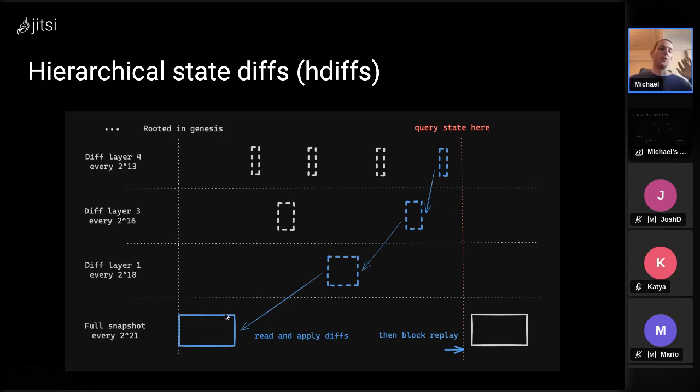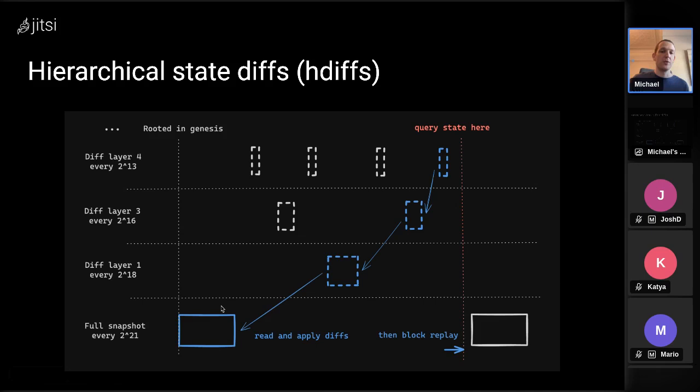So to get the state for, say, April 1st or whatever, you would load the snapshot for this year. Then you would load the April diff. You'd apply the April diff on top of the snapshot, and that would take you to probably April 1st because it's the first day. But say if you wanted April 4th, then we have another layer in the tree, which you could think of as like the days of the month, and these are diffs with respect to the start of the month.